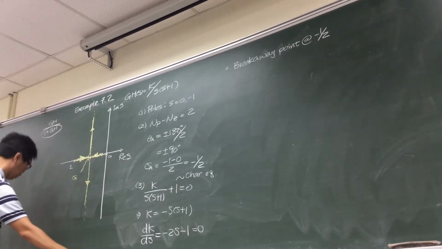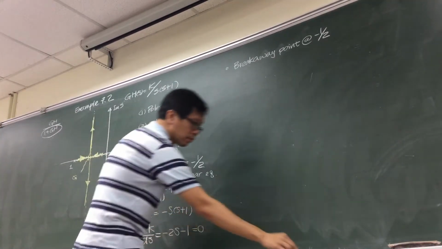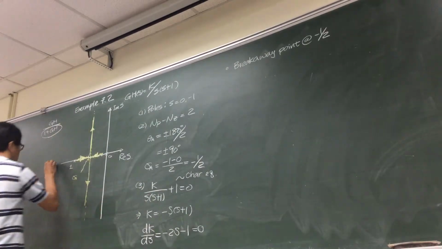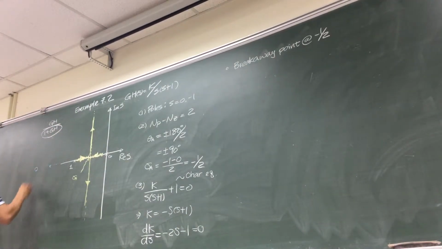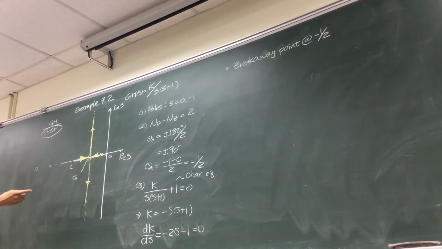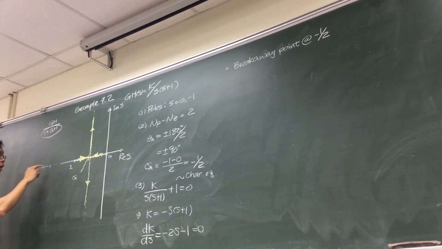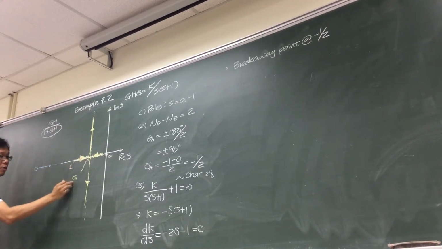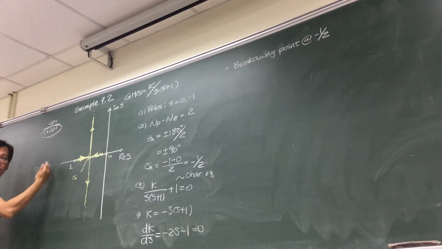For instance, if I have one pole and one zero over here, we certainly know they're going to be attracted. This one is going to be attracted by this one, and those two still go to infinity, right? But because I have a large number of poles, and a large number of zeros, we might shift our centroid toward this direction.